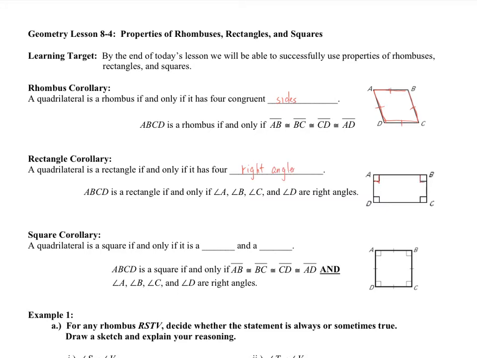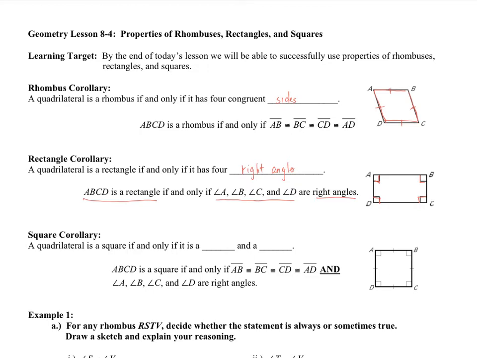So these will refer to right angles. So ABCD is a rectangle if and only if angles A, B, C, and D are right angles. And this one should be a very familiar one to all of you.